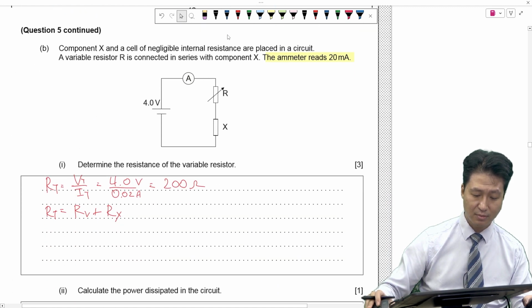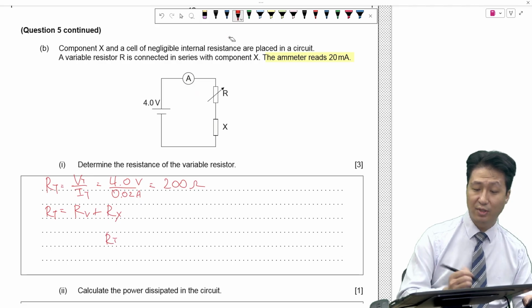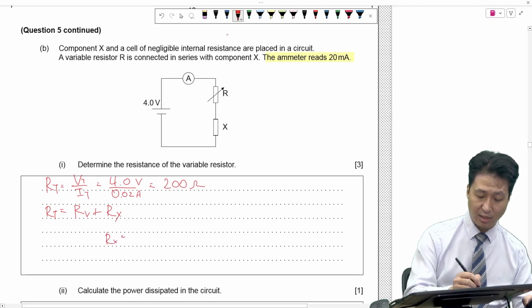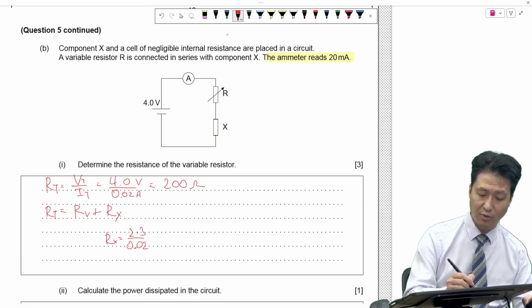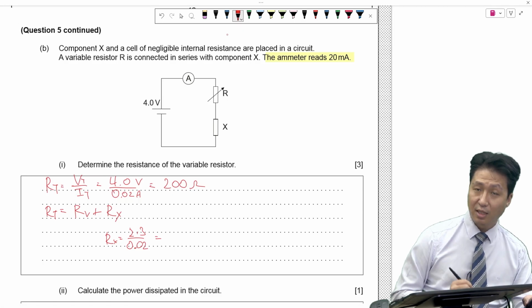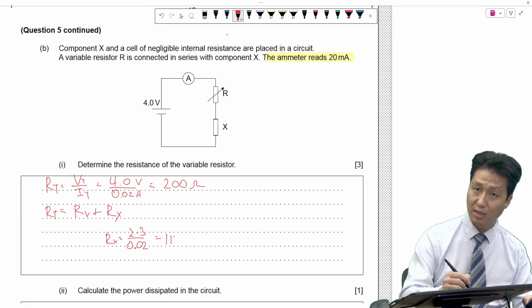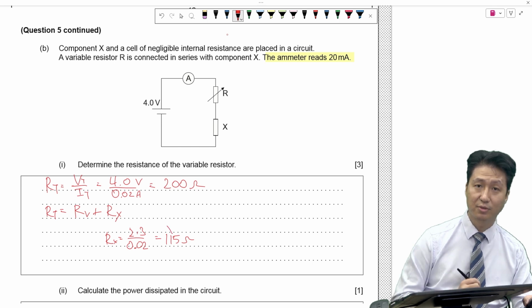So the resistance of resistor X would be, again, the voltage across resistor X, which is 2.3 volts, divided by the current of 20 milliamperes, which is 0.02 amperes. This means the resistance of resistor X would be 115 ohms.